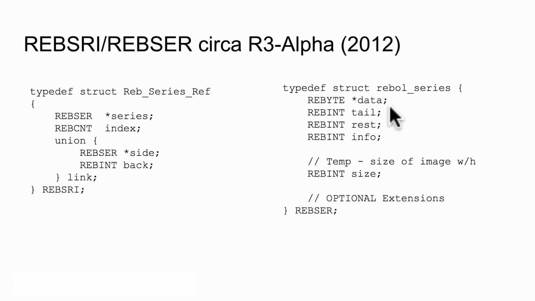It had a count of how many items were in use, which it called the tail, because that's the index that got you to the tail. It had something called the rest, which is the total allocated capacity. It had some flags. It also stored the size of images, because images were actually also the same data type. And so these things come out of pooled memory.